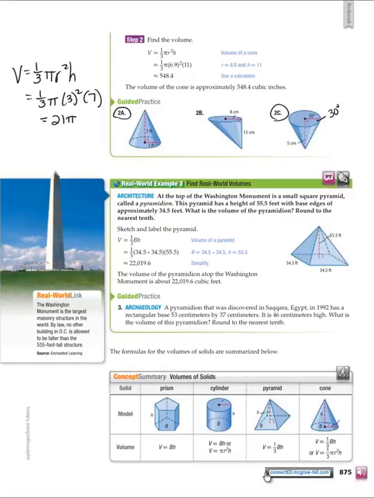Remember, when you leave the pi, that's exact. But if I multiply 21 times pi and I put in pi in my calculator instead of 3.14, I'll get a more accurate answer than if I had used the 3.14. I'm going to get 65.97 cubic feet. Now remember, this is exact, this is rounded.